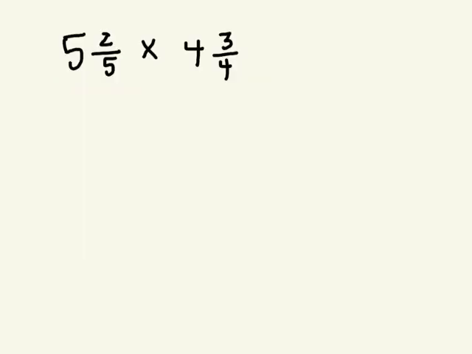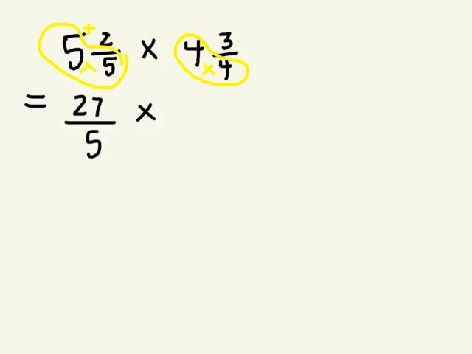Good. Okay, in this example I have two mixed numbers, so we have to convert both of them into improper fractions. So 5 2/5. 5 times 5, 25. 25 plus 2. 27. Good, so this is 27 over 5 times, again, we need to turn this into an improper fraction. 4 times 4 is 16 plus 3. 19.